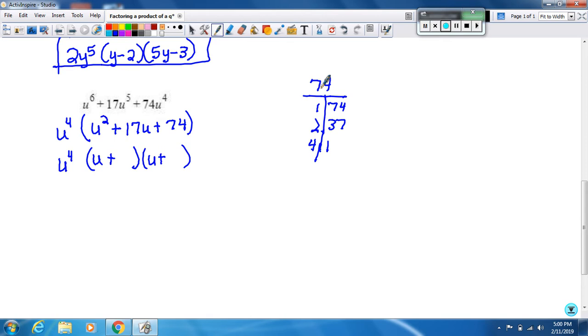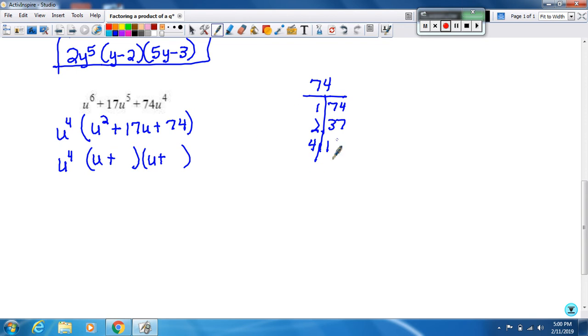Oh, I don't think that works either. Nope, it doesn't work. 5 doesn't work. 74 divided by 6 doesn't work. 7 doesn't work. 8 doesn't work. 9 doesn't work. 10, nope. 11, nope. 12, no.